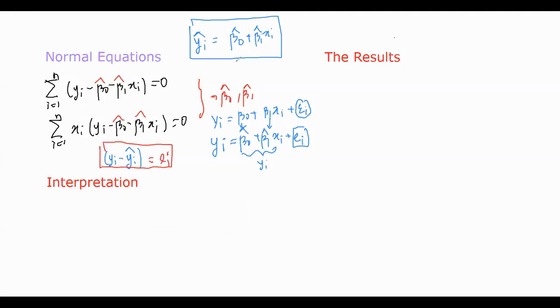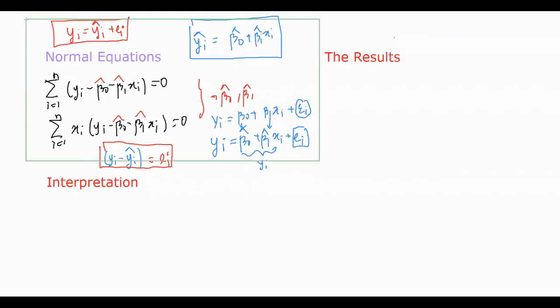Okay, and yi hat, beta naught hat plus beta 1 hat xi, is the predicted yi, and this is the residual. So essentially we observe that yi is equal to yi hat plus ei. Okay, this is the basic part. So this is the whole thing we have got till now, the normal equations part.